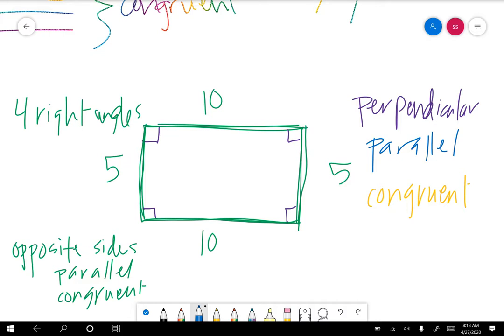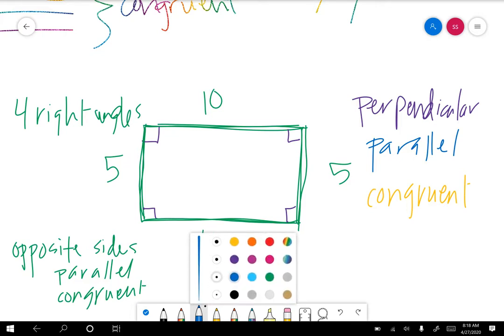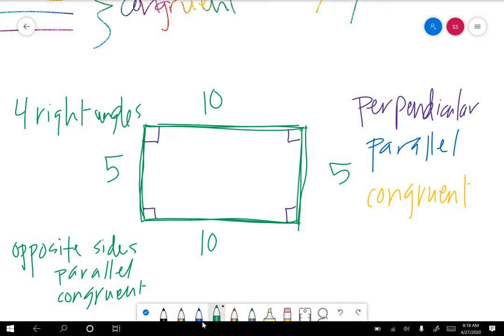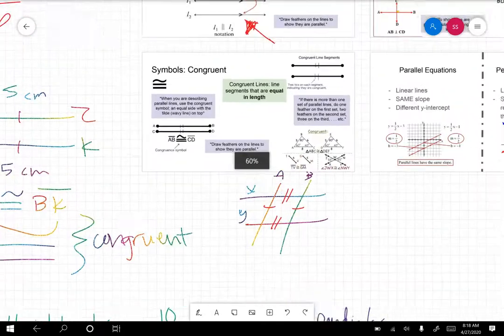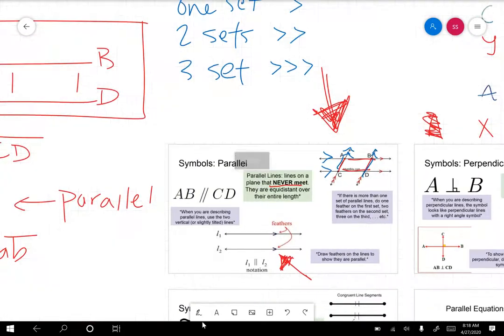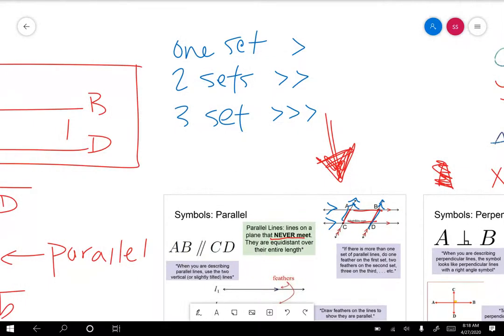Parallel. How to mark that they're parallel. So let's say that we know for sure, we're told that, let me get back to green. Let's say that we are told that this line and this line are parallel, right? How do we indicate that? Now, remember, if you look back to our parallel line examples, we use the feathers.